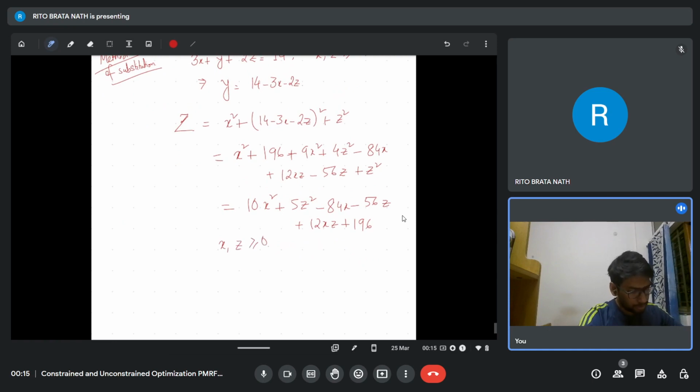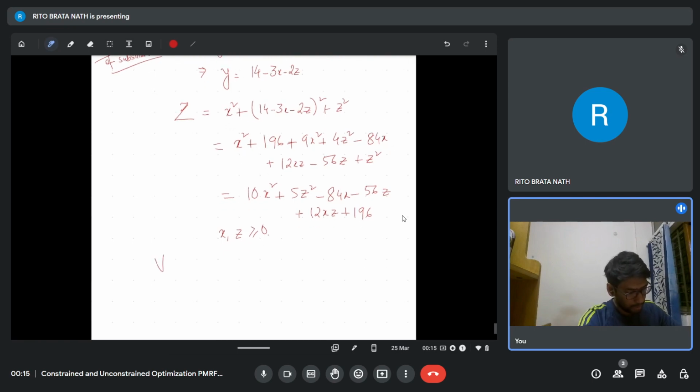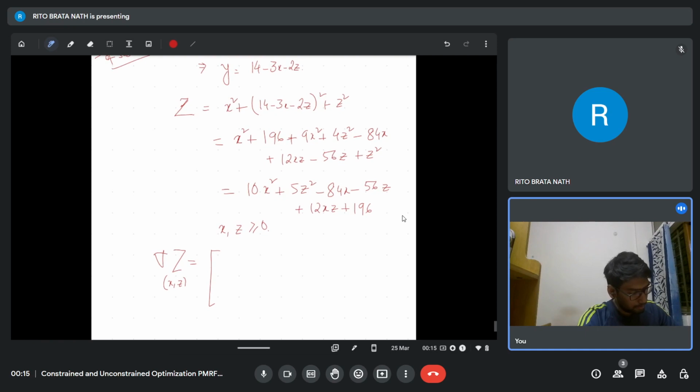So again, you can use some classical optimization technique. You can take the gradient of Z at (x, z). This could be your 20x minus 84 plus 12z. This could be your 10z minus 56 plus 12x.